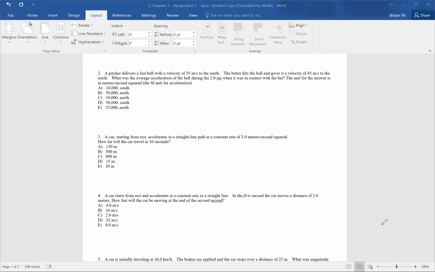So we just discussed that when an object moves from rest, that simply means that the object begins with initial speed of 0. So let's write that down. I'm going to work on number 4 now. Let me see if I can get it moved up.